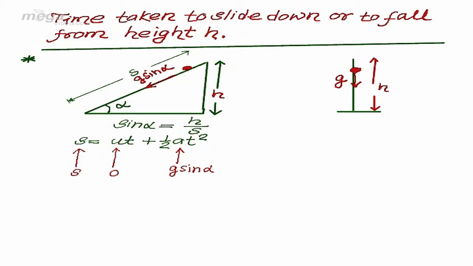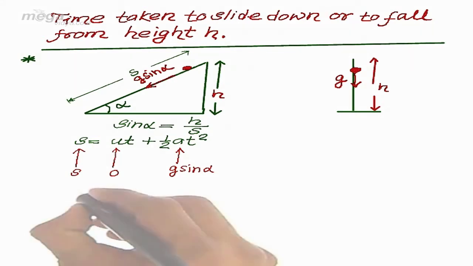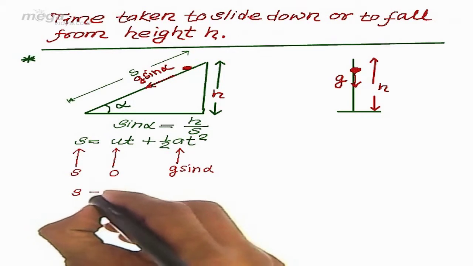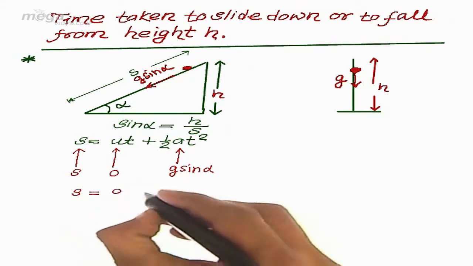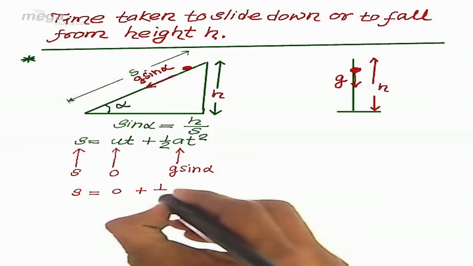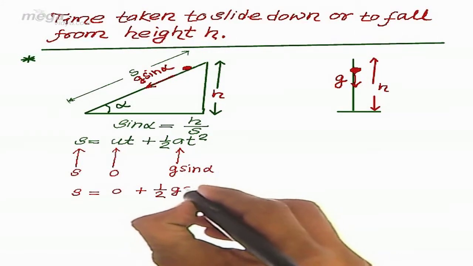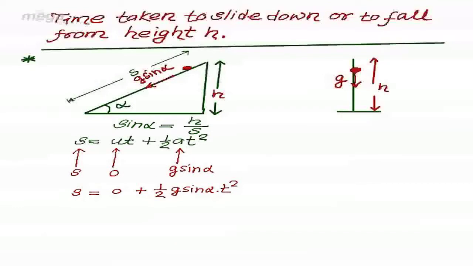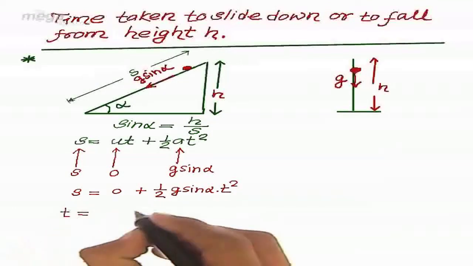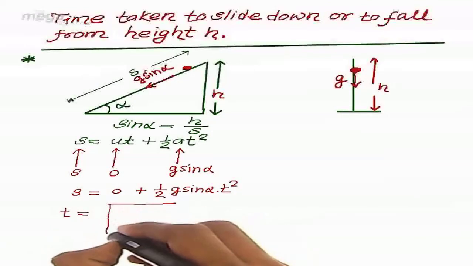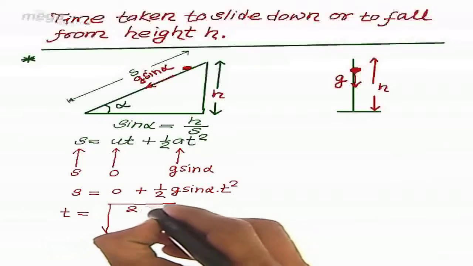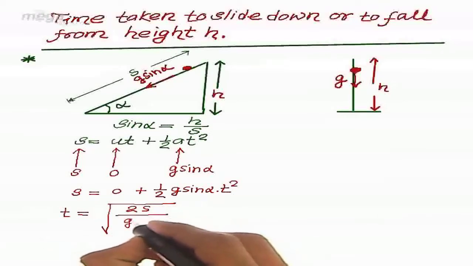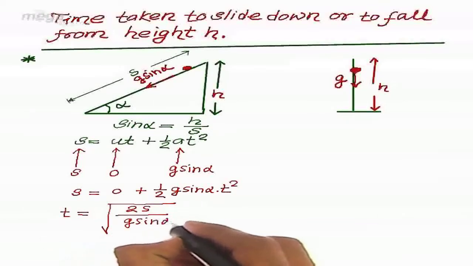Using these values, we get s equal to 0 plus half g sine alpha into t square. By this equation we achieve t equal to under root of twice s upon g sine alpha.